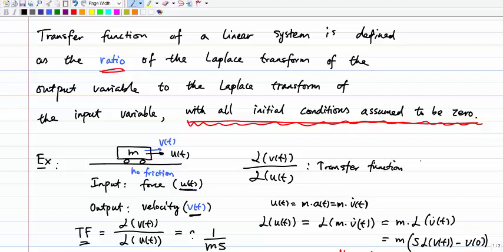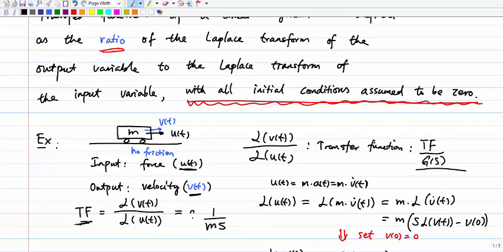Typically you can use TF to represent the transfer function, or you can use G of s. There are two ways you can denote the transfer function mathematically. Let's say I'm using TF to represent the transfer function between the input and output in the S domain, which means it's L of v of t divided by L of u of t. The key idea is I want to compute this.